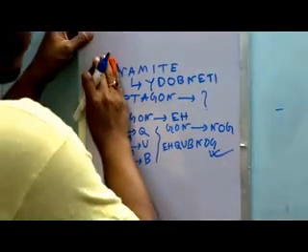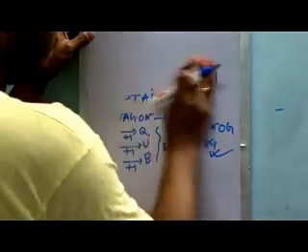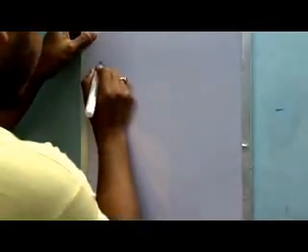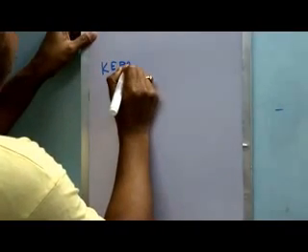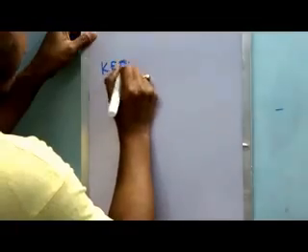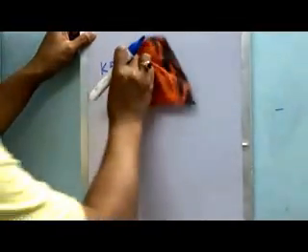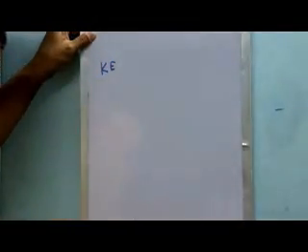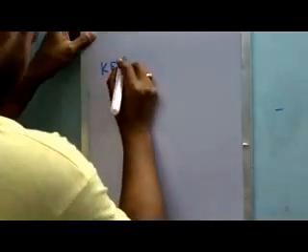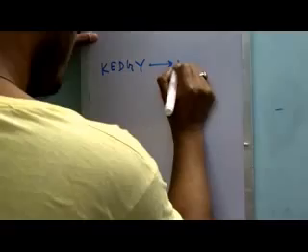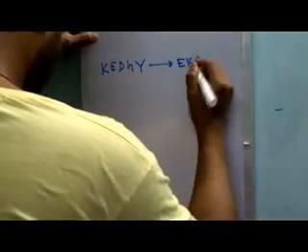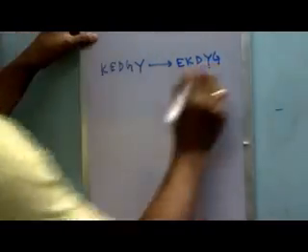Let's move on to the third one. K E D G Y to E K T. It's very easy.